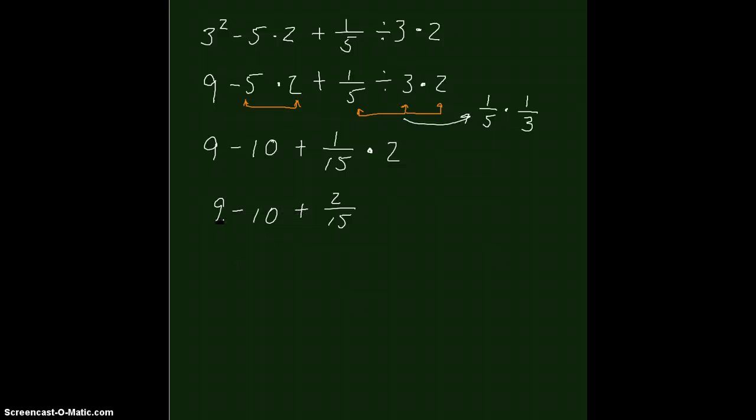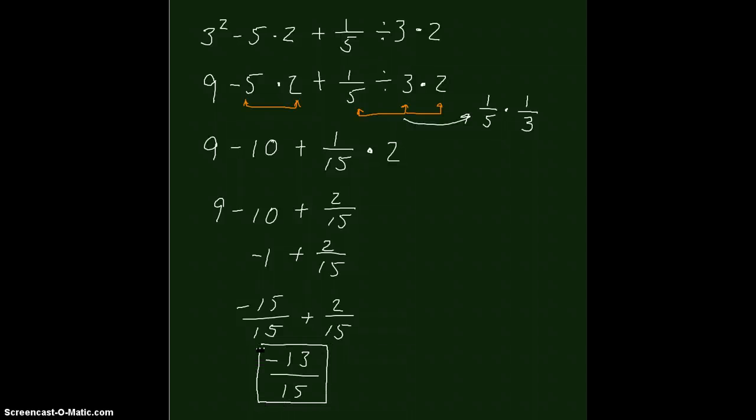So I'll say 9 minus 10 is minus 1 plus 2/15. But minus 1 is the same as minus 15 over 15 plus 2/15. So this is what? Minus 13 over 15.